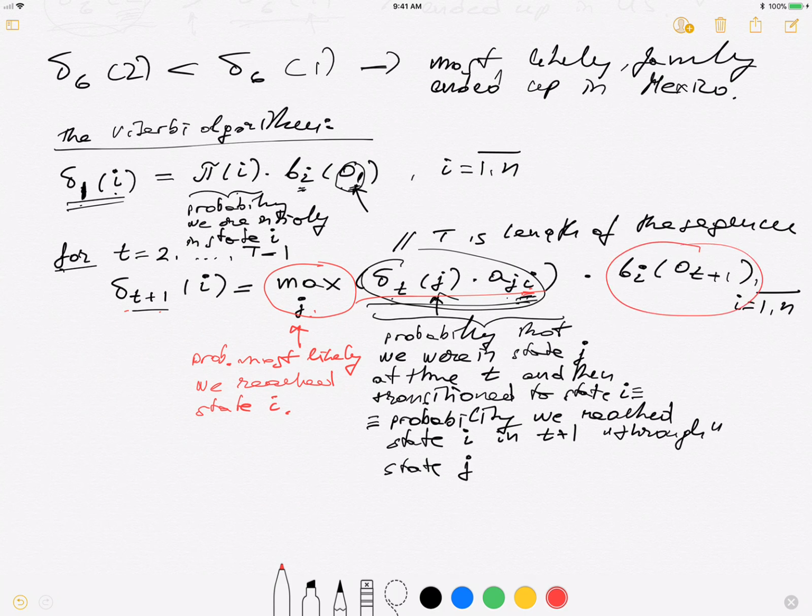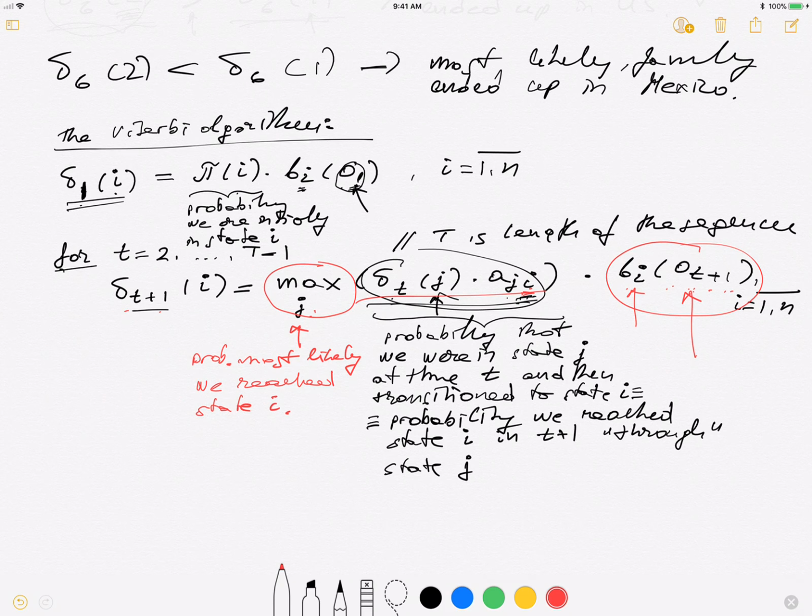This is the probability that once we are in state i, we generated the observed output symbol at time t plus 1. So at time t plus 1, we generated an output symbol o_{t+1}, and this is the probability that that symbol was generated if we are in state i.